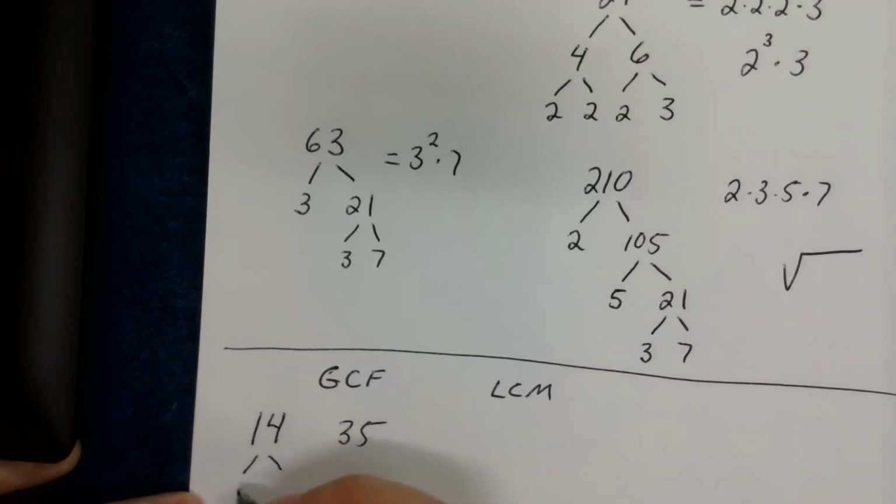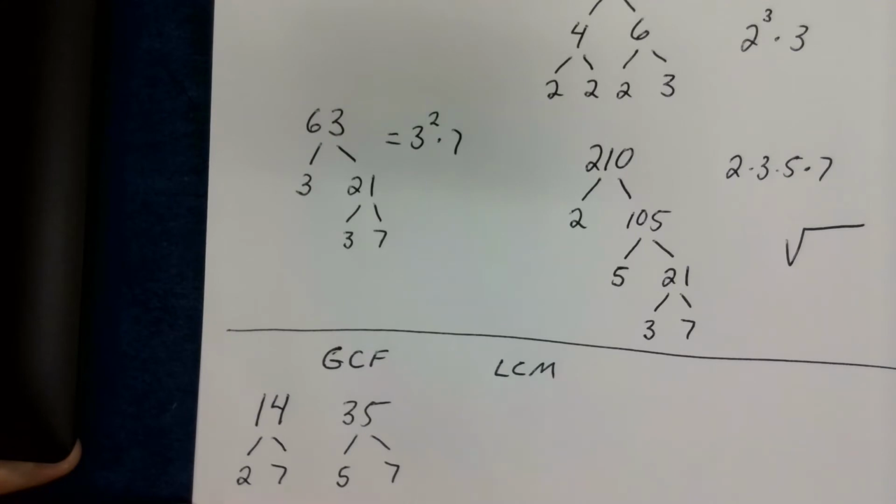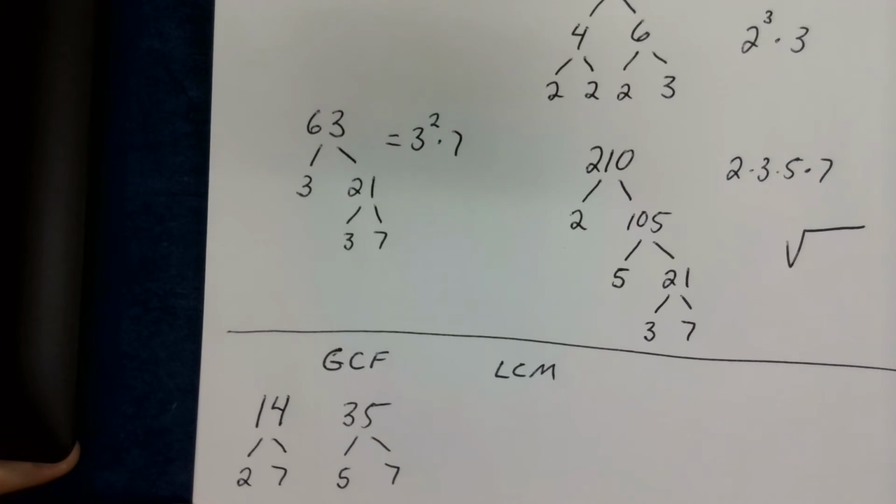So what I might want to do is break down into my prime factorizations. This is 2 and 7, and this is 5 and 7. And you can see that they have a common factor of 7. So 7 happens to be the greatest common factor that goes into both 14 and 35.